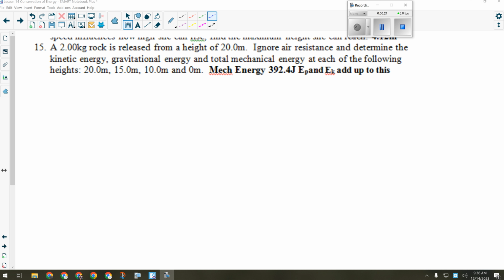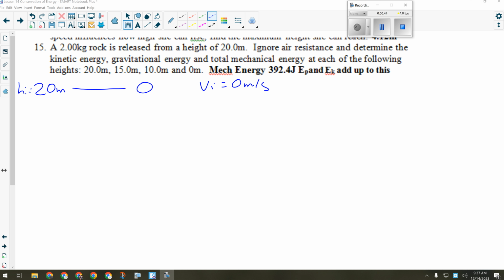On number 15, there's this rock and it's released from a height of 20 meters. So here's the rock where it starts. It would be at 20 meters, so that's its initial height. It's being dropped, so what's its initial speed? 0.